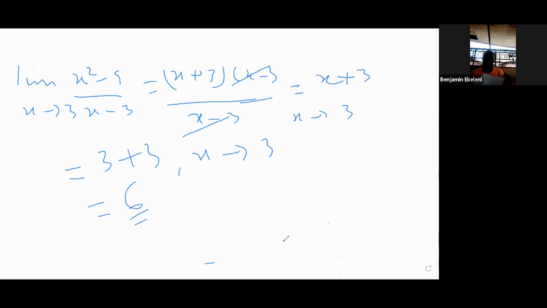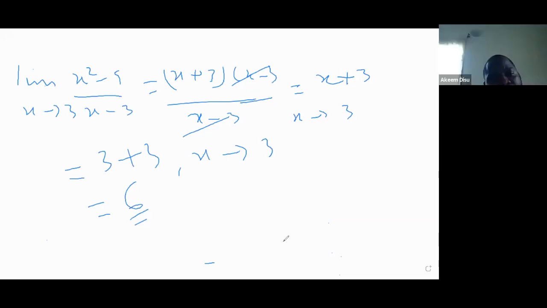What I'm saying is that if you have this function and you substitute directly, you are going to have 0 in the numerator and 0 in the denominator.